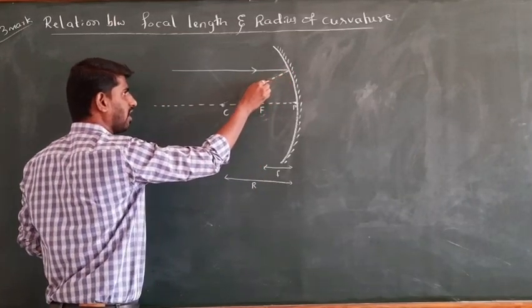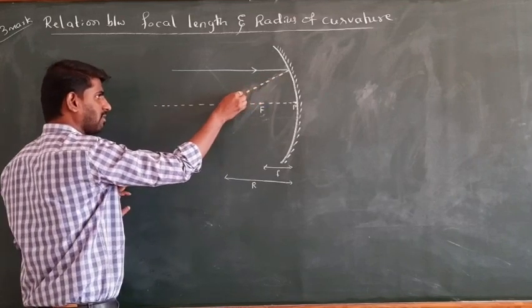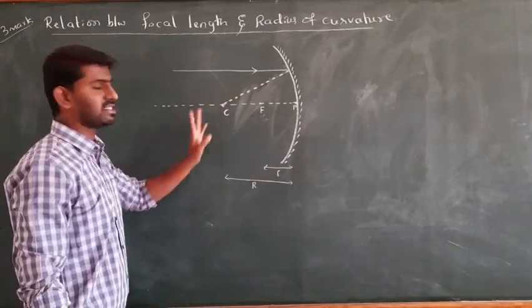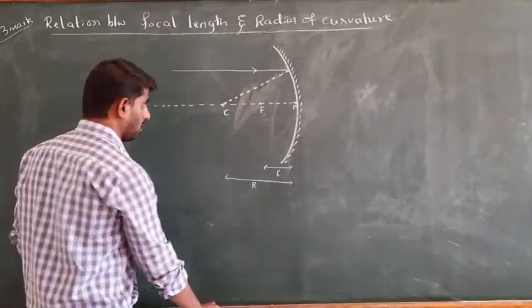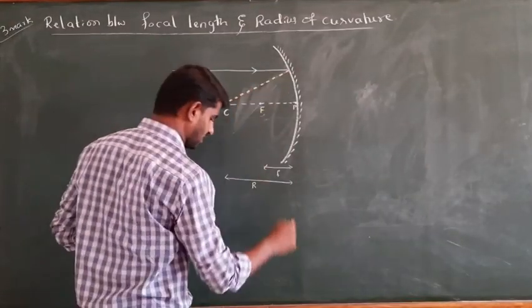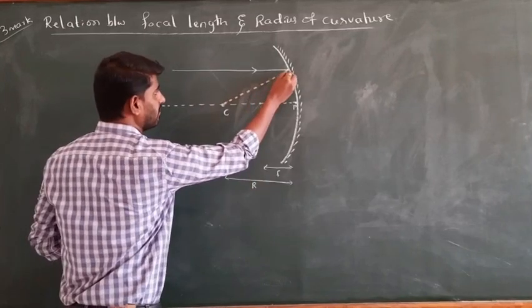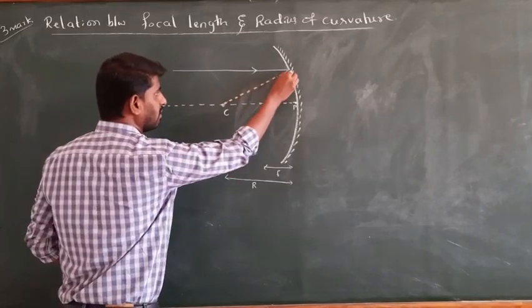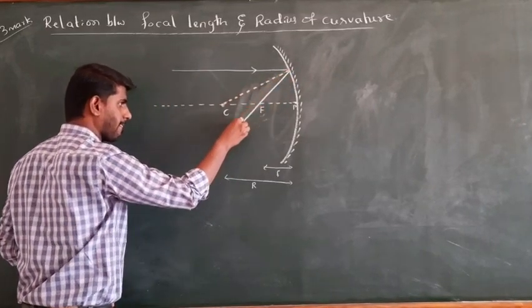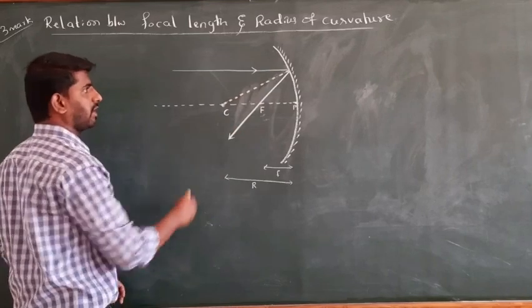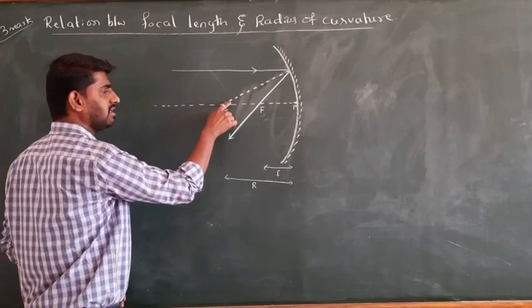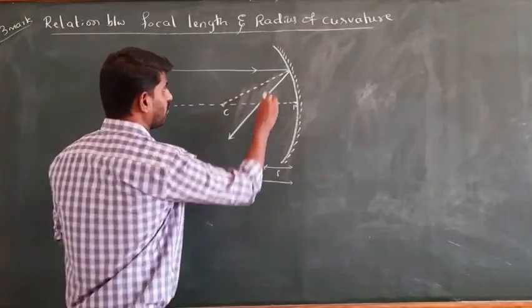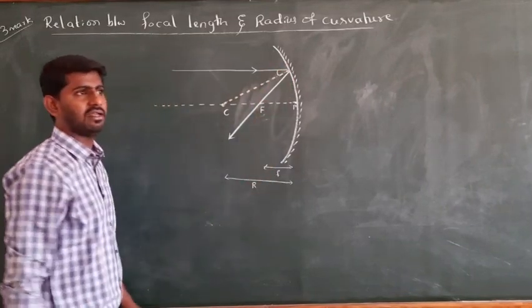If you draw a normal line from any point of the mirror, it must pass through C. Whenever there is parallel incidence, there will be a reflection, and that reflected ray passes through the principal focus like this. Incident ray, reflected ray, and the normal at the point of incidence. Is it clear?